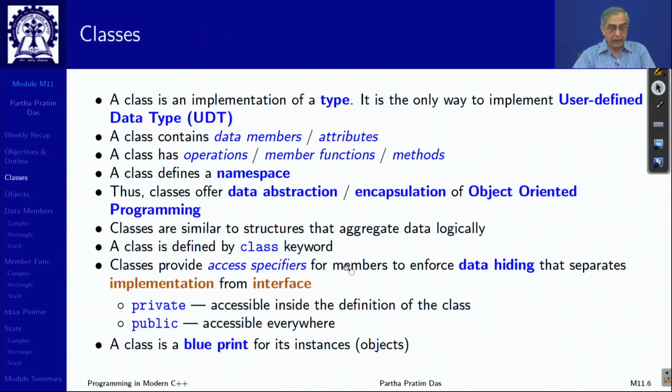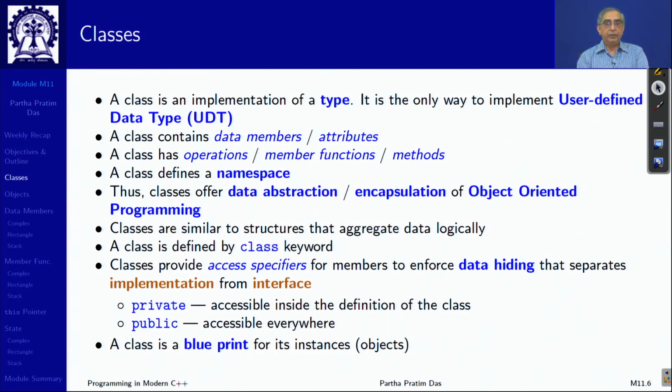So, we start with the classes. Now, here is a summary of what a class is. As we go through the examples, you will understand those in far more detail. So, class is, as it is called, an implementation of a type. We have built-in types, we have derived types, we have certain types of type builders in C like struct, array, union and so on, pointers as well.